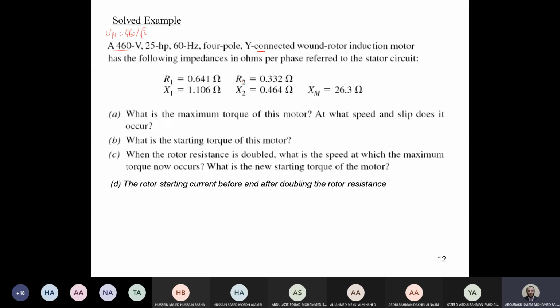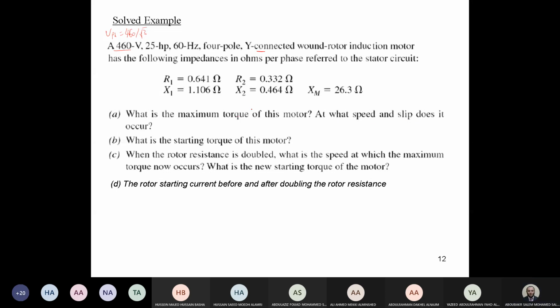We have R1, R2, X1, X2, and XM, all referred to the stator side. This is equivalent to R2 prime in our relations, and this is equivalent to X2 prime. What is the maximum torque of this motor, and at what speed or slip does it occur?